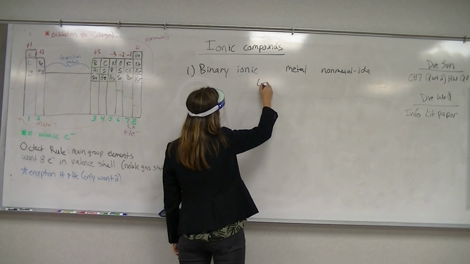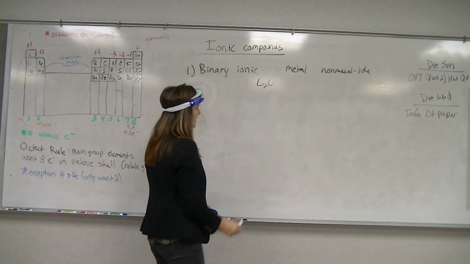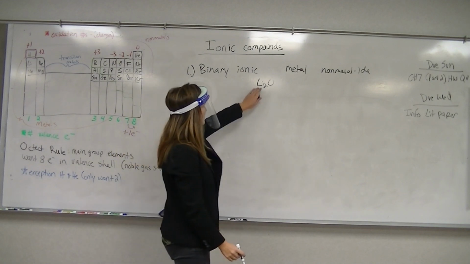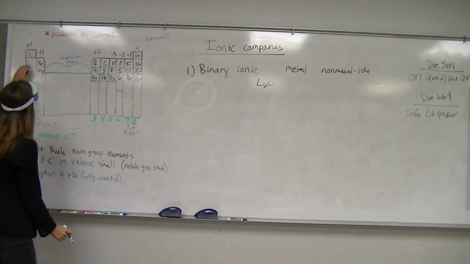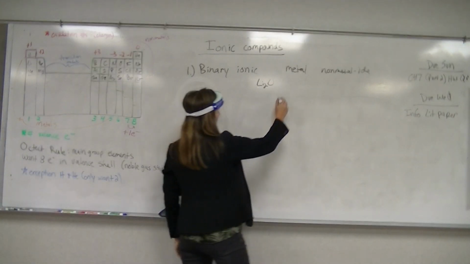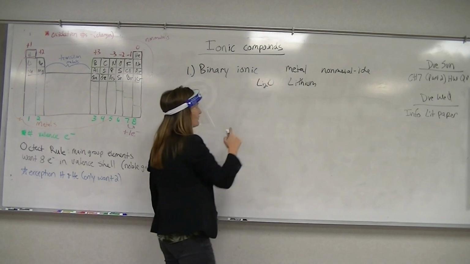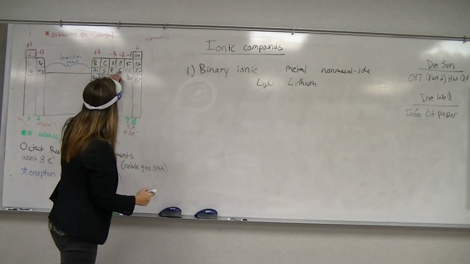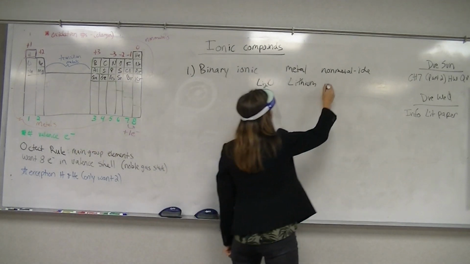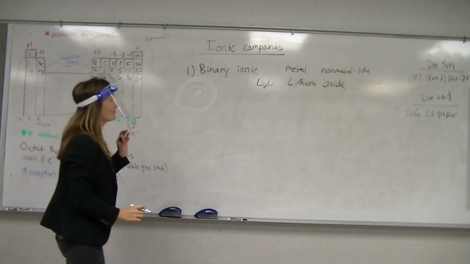An example would be Li2O. So the metal always comes first in the chemical formula. Li is just lithium, so you just write lithium. Doesn't matter that there's 2 because we only use prefixes for covalent. And then the non-metal, oxygen, here is oxide. So these are the simplest ones to name.